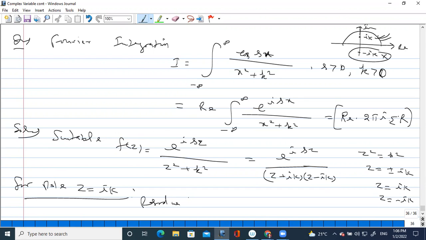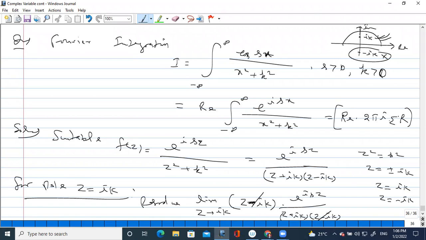The residue you can find now, because it is a simple pole. So limit z tending to ik of z minus ik into e to the power isz divided by z plus ik into z minus ik. This will cancel.